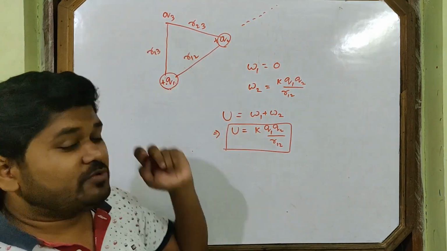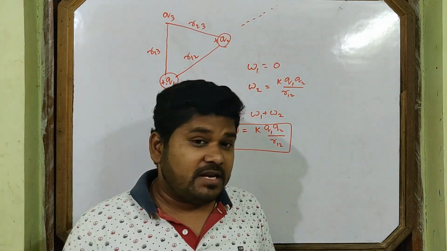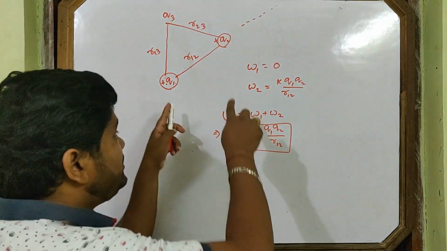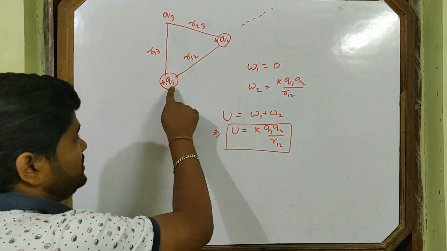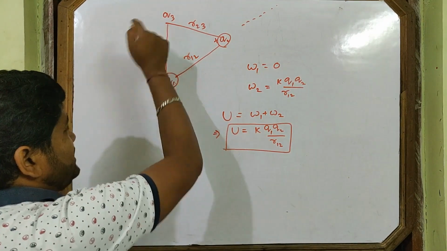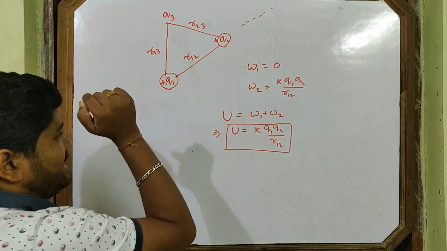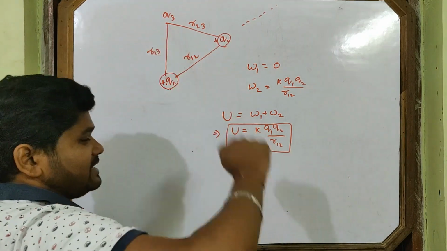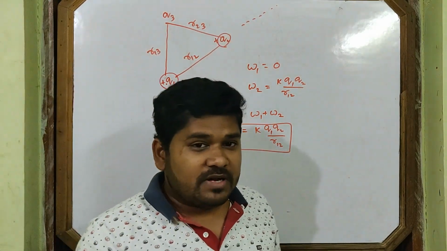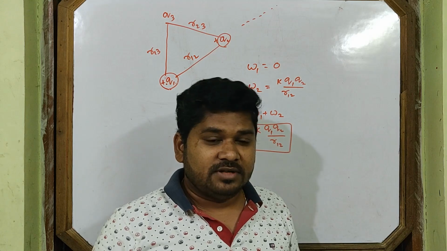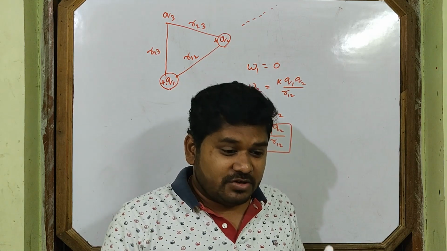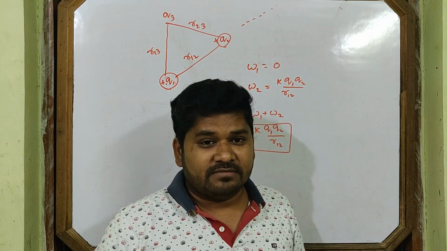But when we bring Q3, what happens? Earlier how many charges are present? Already 2 charges are there, one is Q1, one is Q2. When I bring Q3, I have to do work against Q1 and I have to do work against Q2. How many works do I have to do? 2 works, because when Q3 is coming, 2 charges are there from the starting.